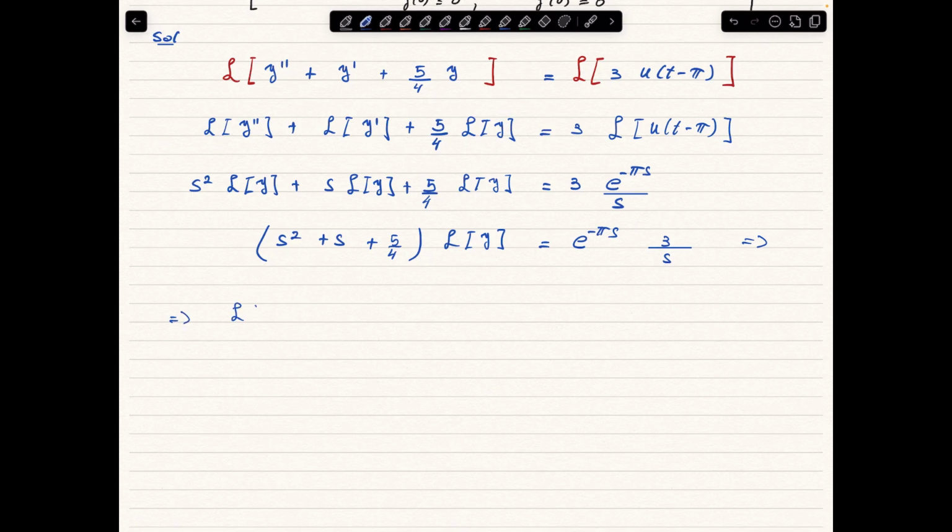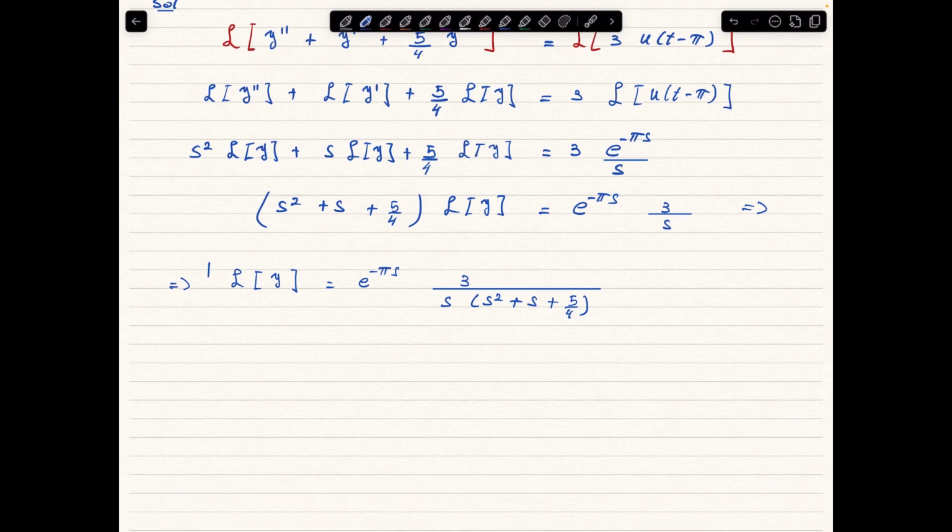The Laplace transform of y, the function we are looking for, is exponential negative pi s, and then we have this 3, we have the factor 1 over s that we have from the step function, and now we need to divide that by s squared plus s plus 5/4. All right, that is so far the Laplace transform of the function we are looking for.